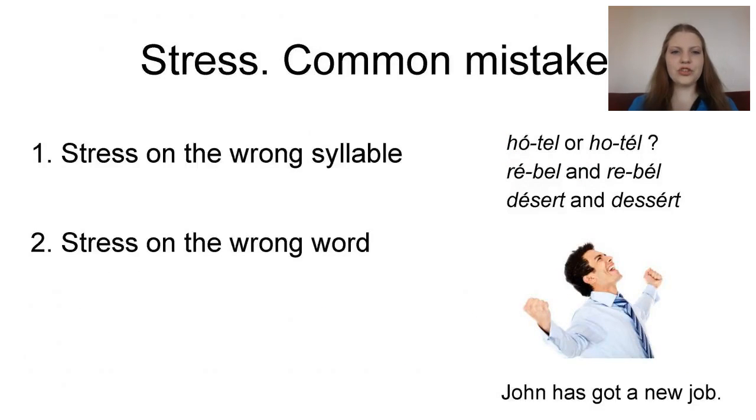The only thing I wanted to mention is quite often students come to a level where they have a good pronunciation, but they do the robot, which means they speak in monotone with no color, no feeling. And this doesn't mean that they don't feel the language, but this means that perhaps their teacher didn't stress the importance of stress enough. So the two common mistakes that students make with stress are stress on the wrong syllable.